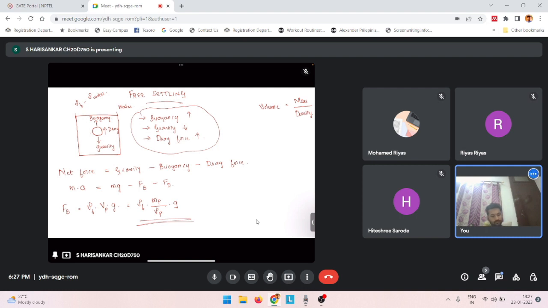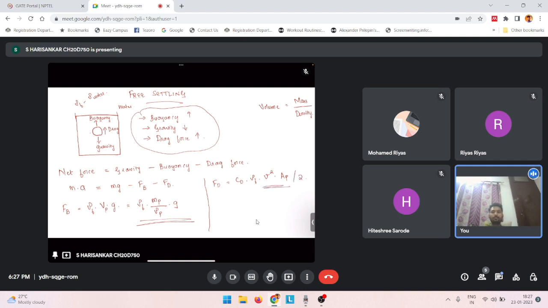Right. Now the other force in consideration, drag force, you must have learned this in fluid mechanics. You can write drag force as CD into rho F v square, where small v is the velocity, into area of the particle, we'll take it as Ap, by 2.